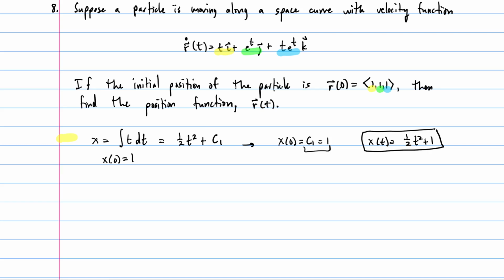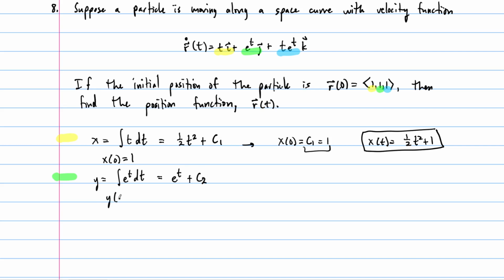So the next term is what I've labeled as green. Right? So this one, we need our y term. So our y term is going to be antiderivative of e to the t dt. So that's just e to the t plus c2.